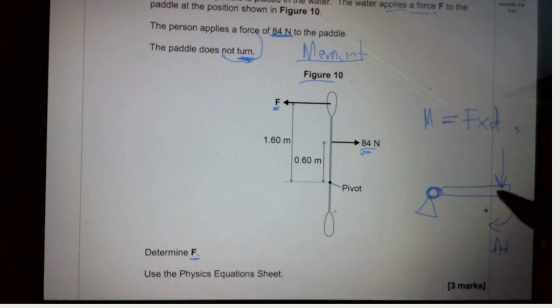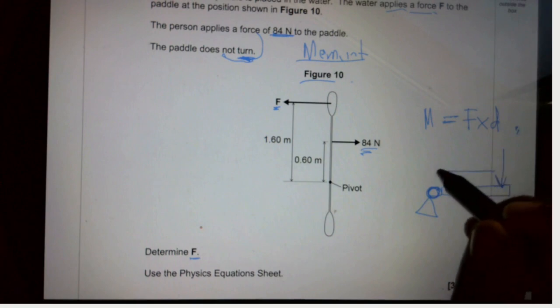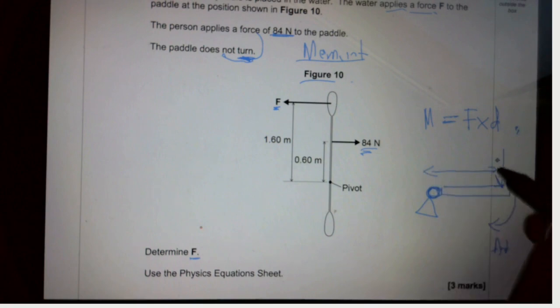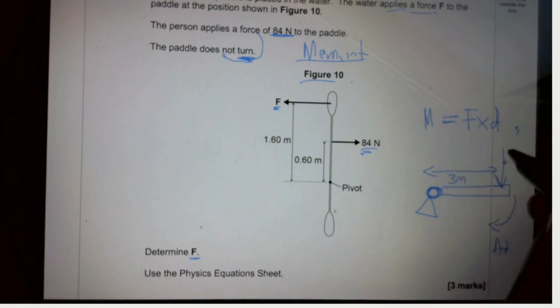The distance between the point at which the force was applied, the line of action, and the pivot is perpendicular. Let's say the distance here is 3 meters. This distance is perpendicular to the line of action, the direction at which the force was applied.